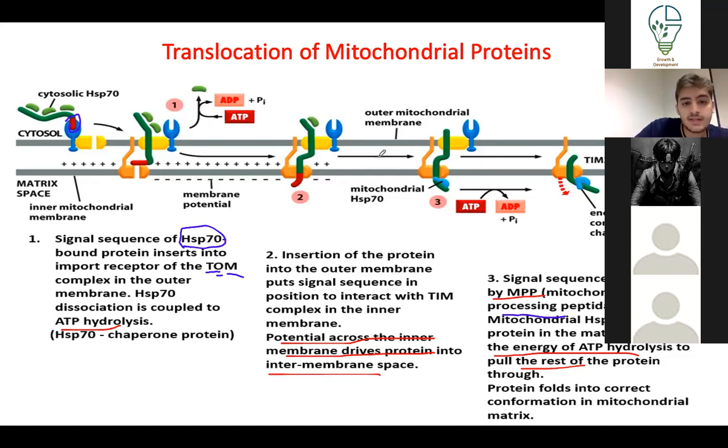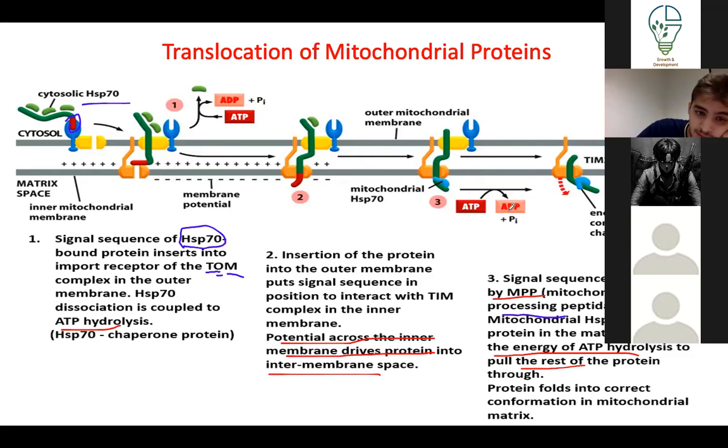But what they can ask about, added to the list, is the role of ATP hydrolysis. ATP hydrolysis is used twice here. First of all, when the HSP70 dissociates from the polypeptide chain. The other place is when the HSP70 binds to the polypeptide, pulling it from the TIM.